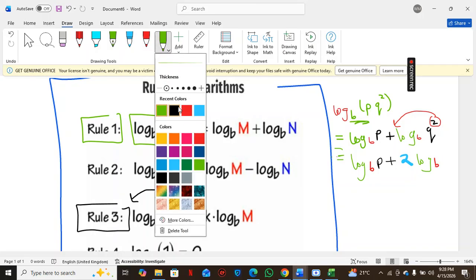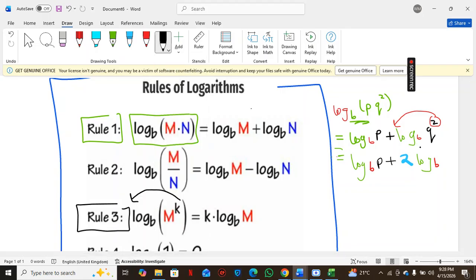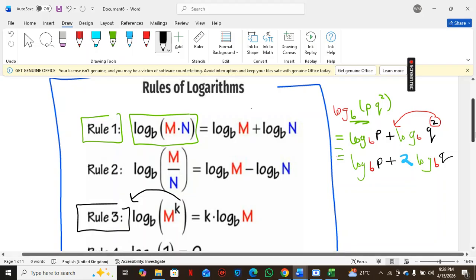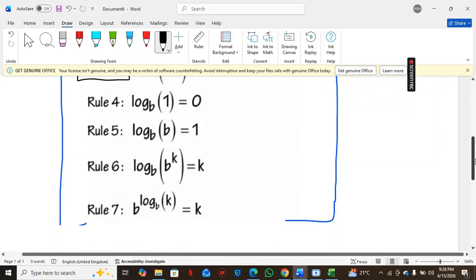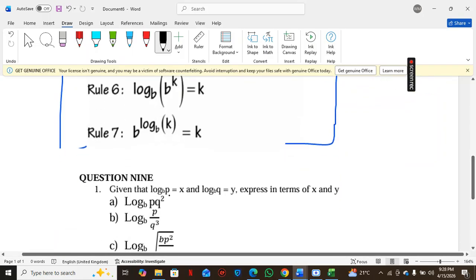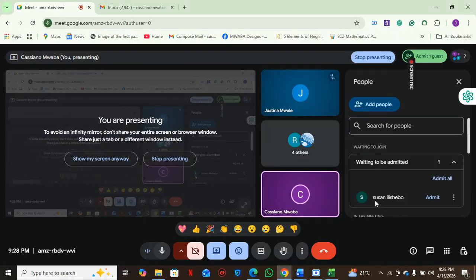Okay, these questions are all about applying the laws of logarithms, just showing how the laws of logarithms work. Then in our question, they told us log_b p equals x, log_b q equals y. So it's just a matter of substitution.